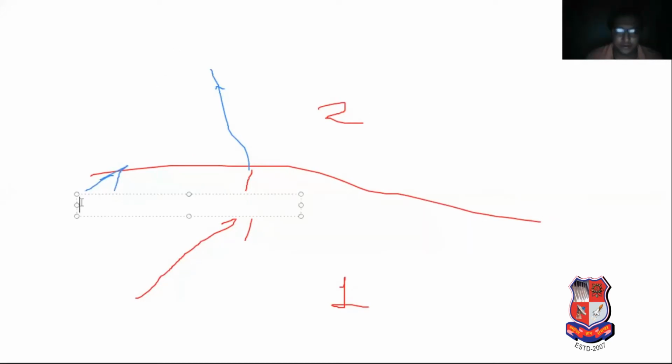See this is the boundary between the two media. If the electric field passes through medium 1, then in medium 2 the direction of the electric field is changed. See this is the direction of the electric field.